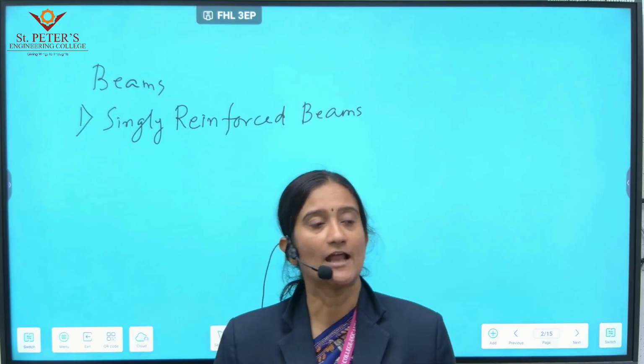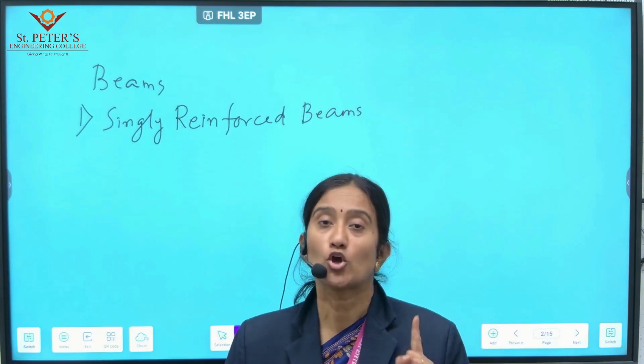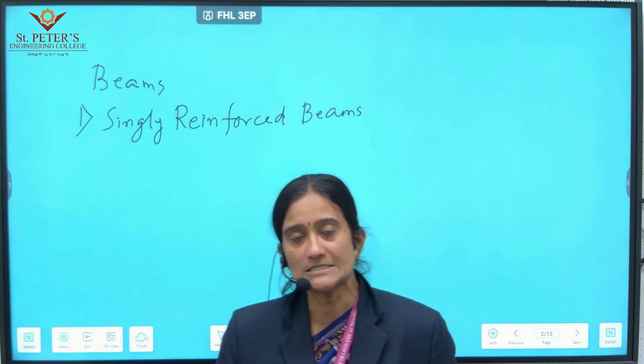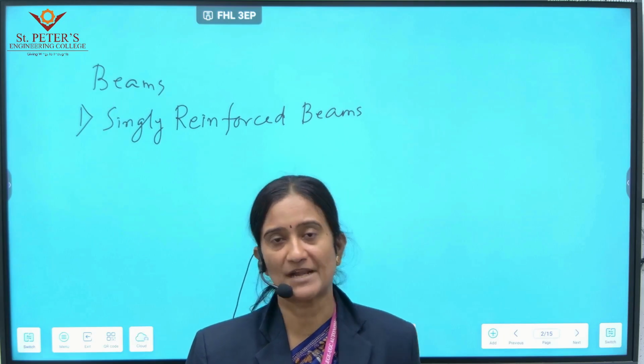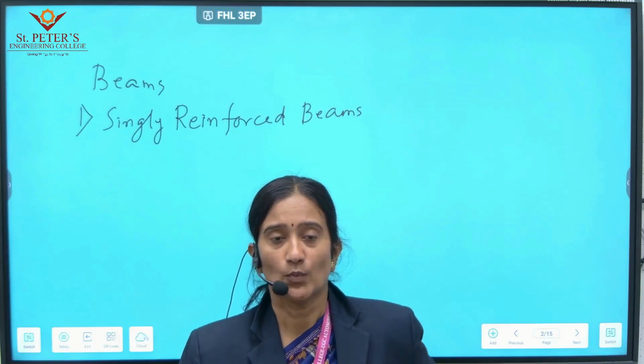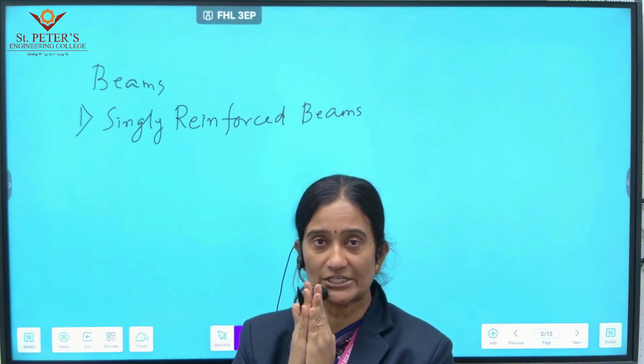We know that in RCC, or reinforced cement concrete, concrete is the main part. But concrete is very strong in compression, and weak in tension. What is compression? Compression is the force which we apply to reduce, like this.